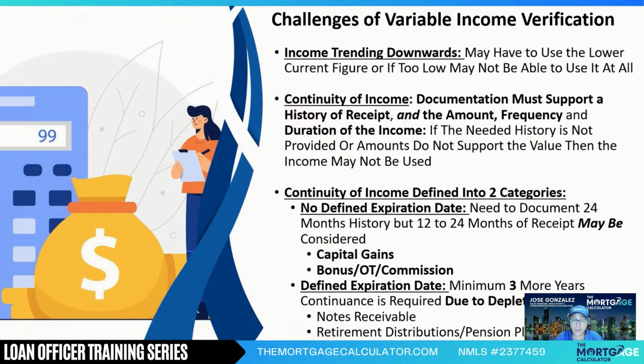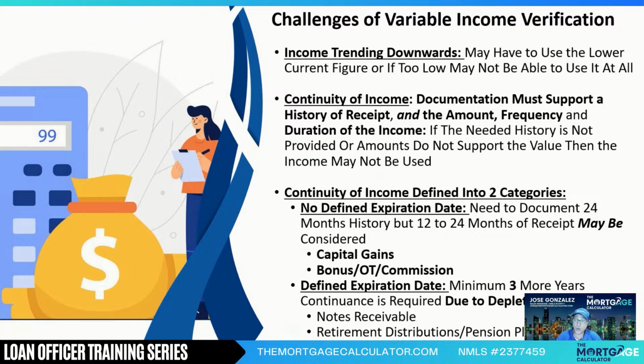I think it's in box number 20 of the written VOE, the part for the remarks, where they could say yes, they're definitely going to get their bonus next year, they're still going to get overtime, or they're still going to be getting commissions. All of those types of statements on a written VOE is what's going to allow you to get that 12 but less than 24-month time period of receipt of variable income without a defined expiration date to be accepted.